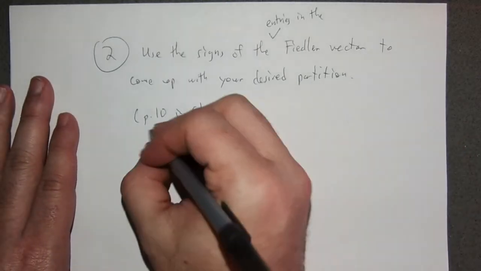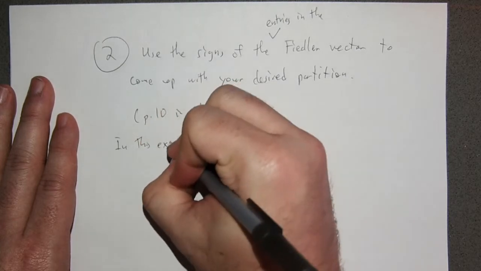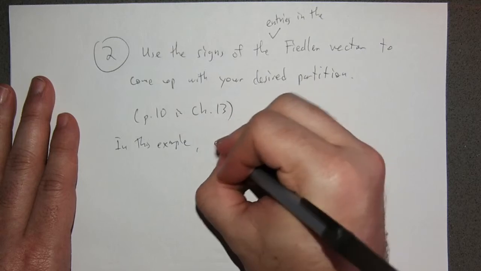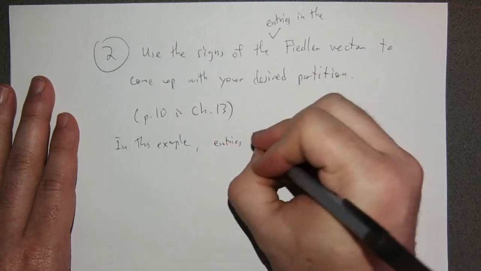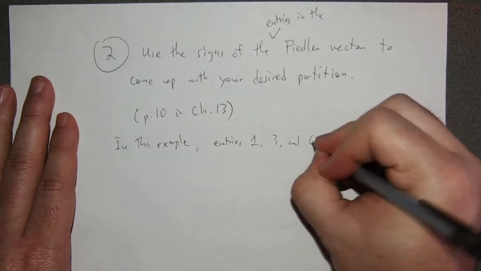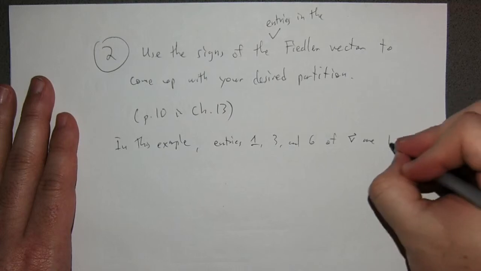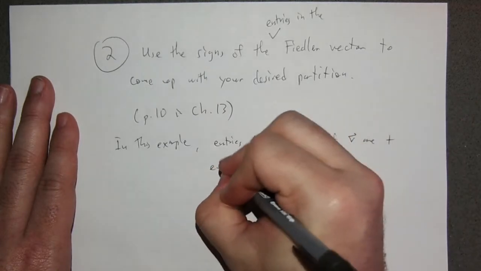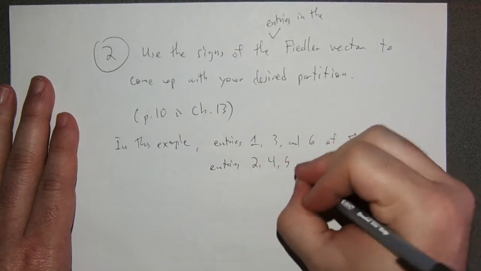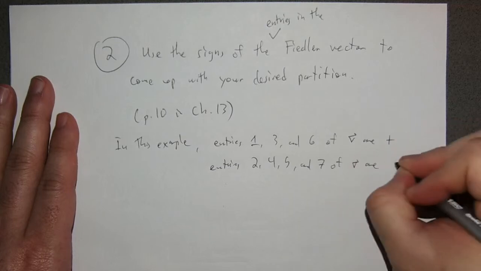So in this example, entries 1, 3, and 6 of V are positive, and entries 2, 4, 5, and 7 of V are negative.